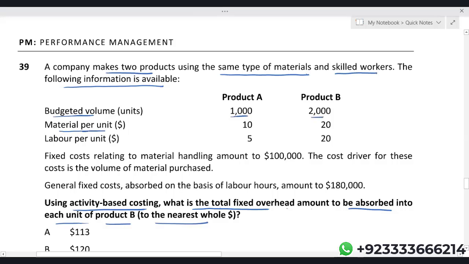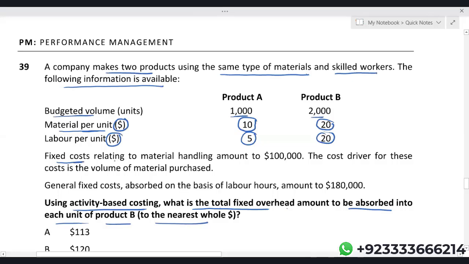Material per unit, in dollars, is $10 and $20. Labor cost per unit is $5 and $20.